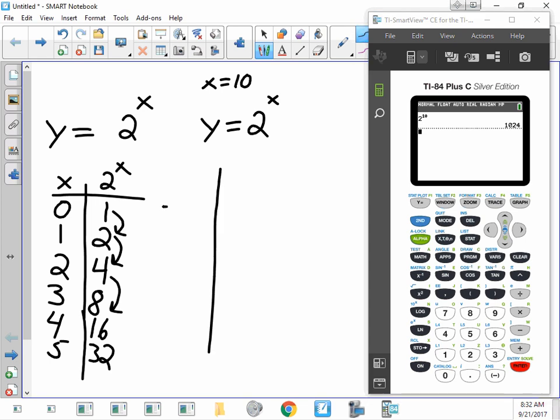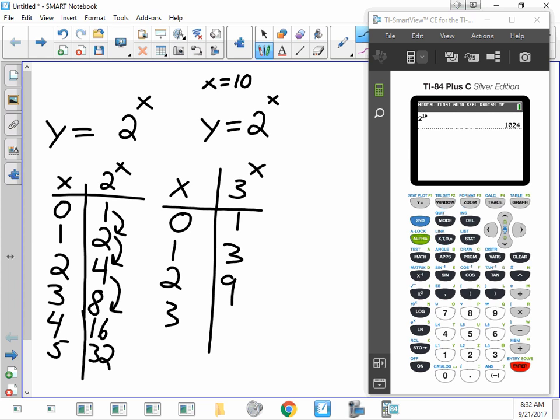Okay. We could do the same thing with 3's. What if I had x and 3 to the x? 0 is still going to be 1. What happens when I plug in 1? Hey, I'm losing some of you. Pay attention. So if I plug in 2, 9.